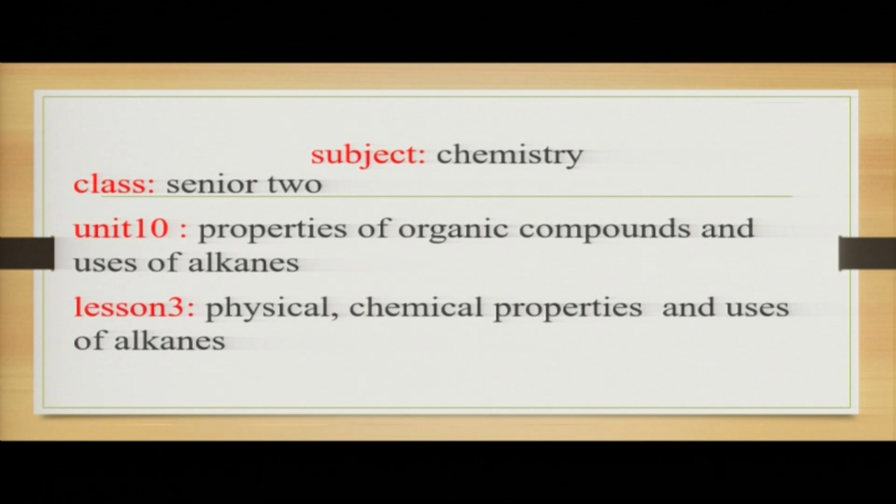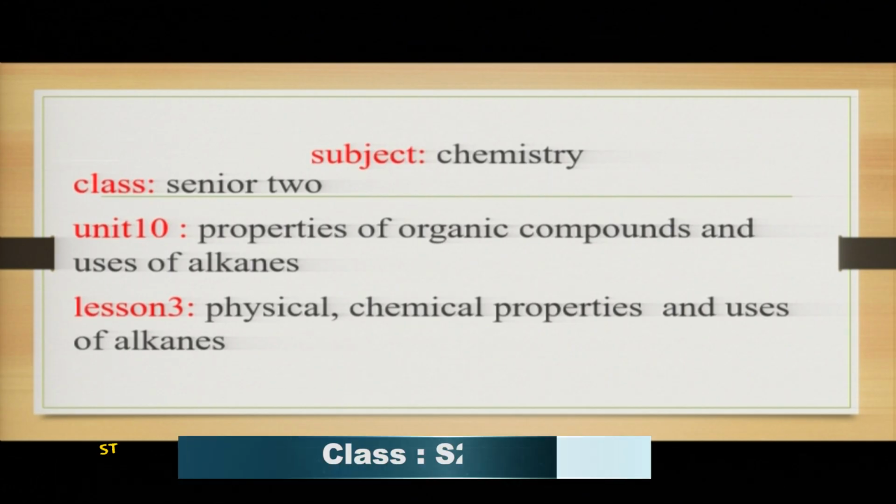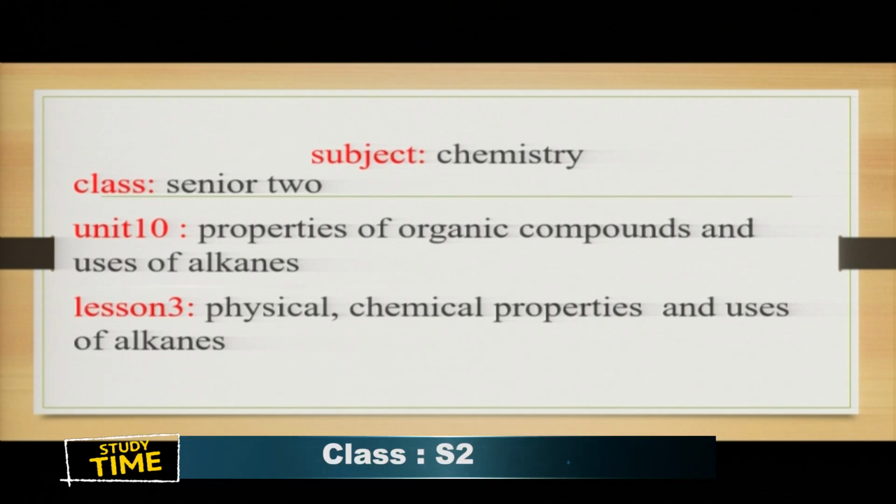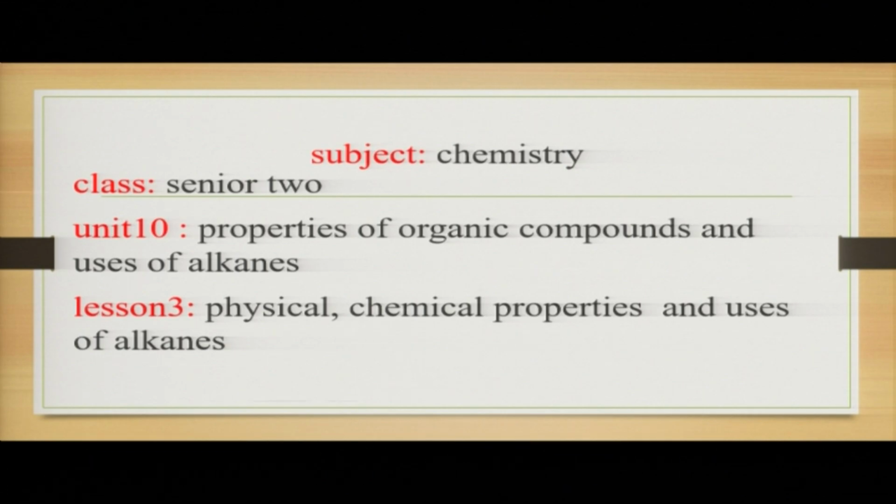But I just want to remind you of some of the things that we looked at in the previous lesson. I hope you still remember, but the most important part that we looked at was the nomenclature, which depends on IUPAC. That is the International Union of Pure and Applied Chemistry.